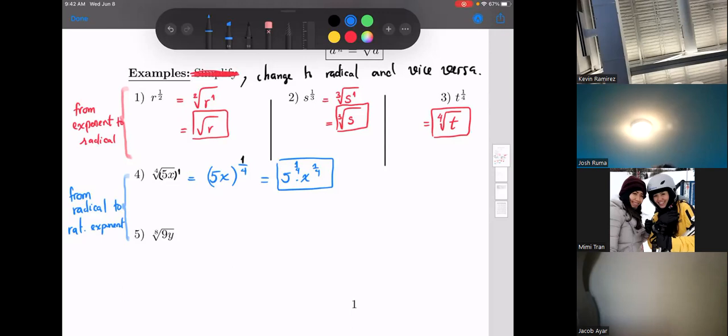Just try to change from radical to exponent first. You can simplify it further, but don't worry about the steps.